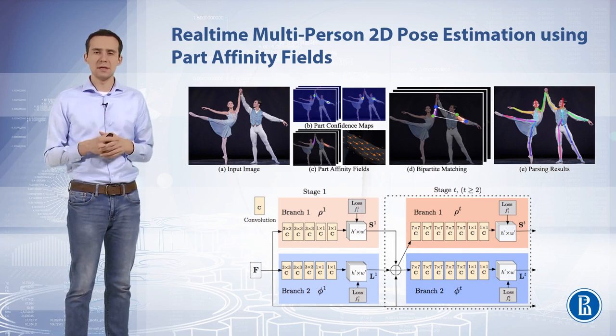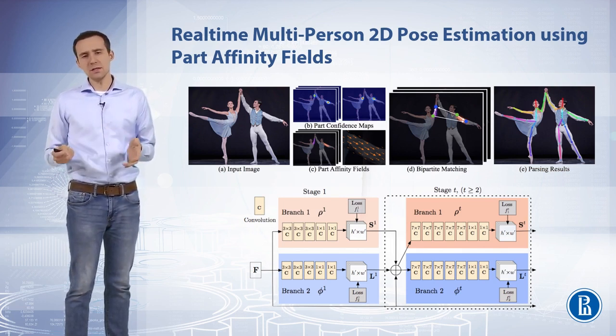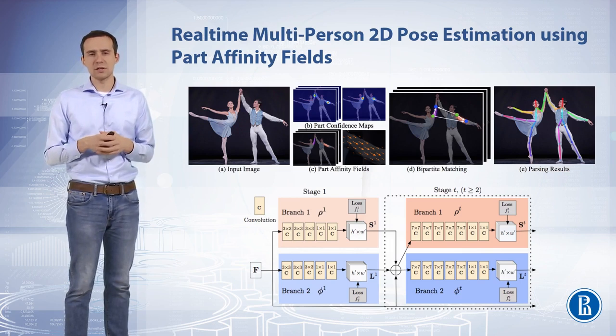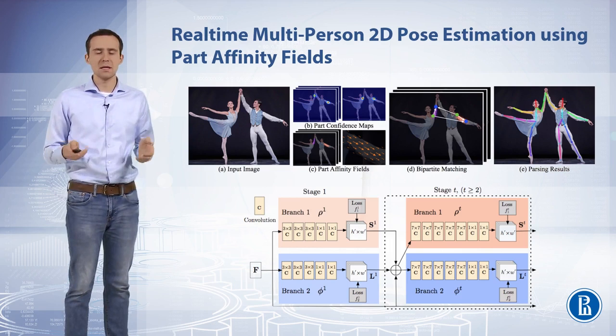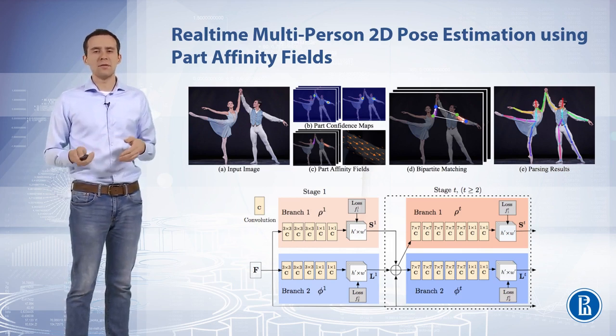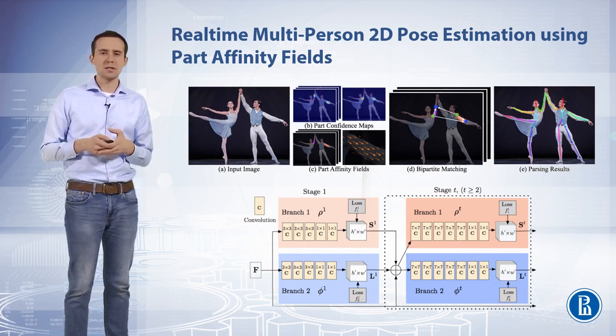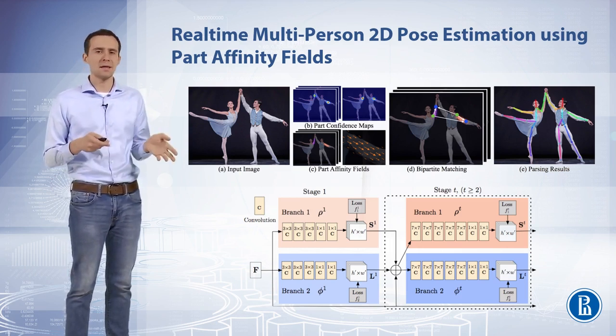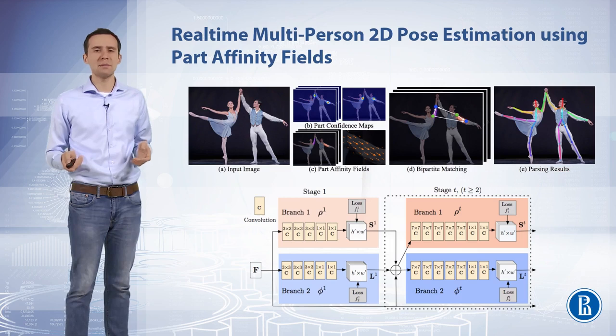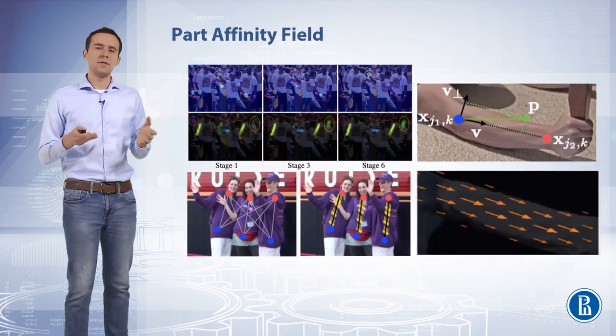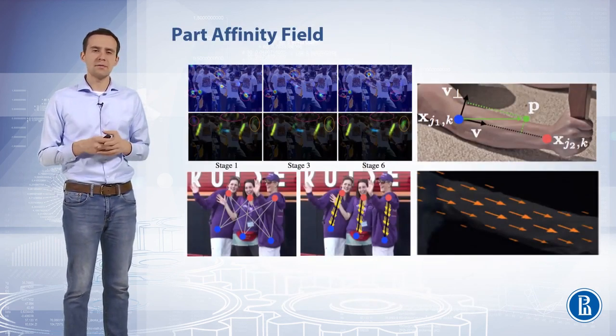The CNN that predicts feature maps for body parts and limbs is multi-stage. Each stage in the first branch predicts confidence maps of body parts, and each stage in the second branch predicts PAFs of limbs. After each stage, the predictions from the two branches along with the image features are concatenated for the next stage for refinement. This process you can see in the left picture.